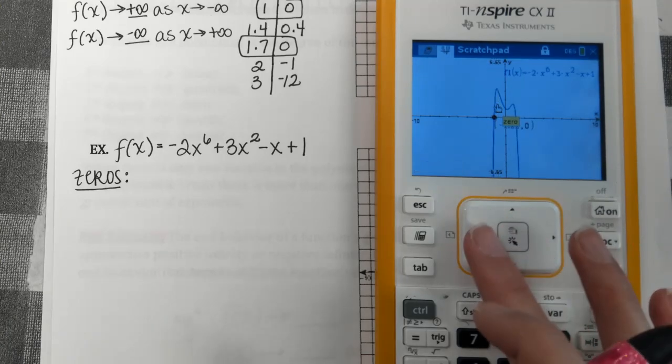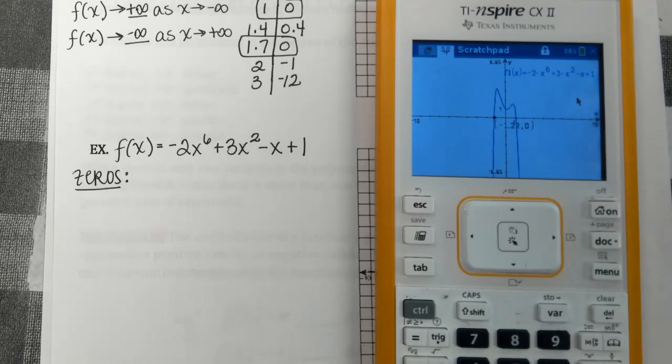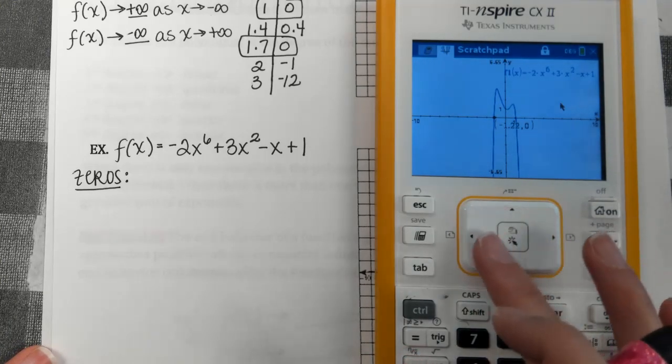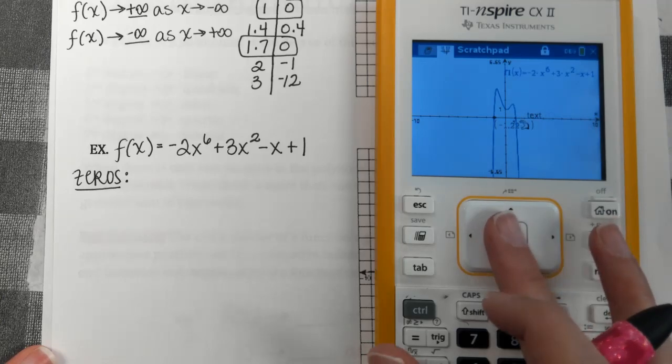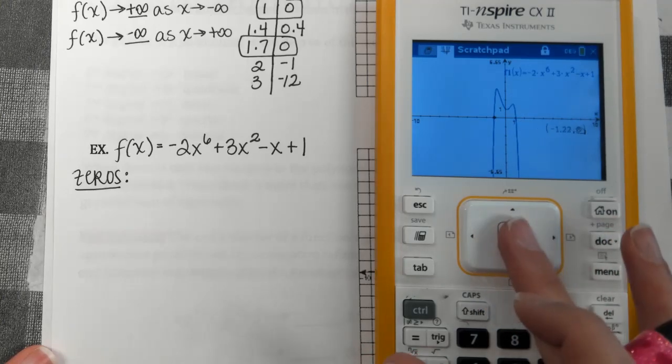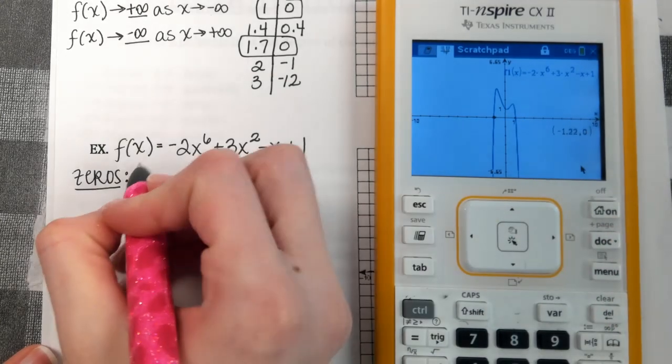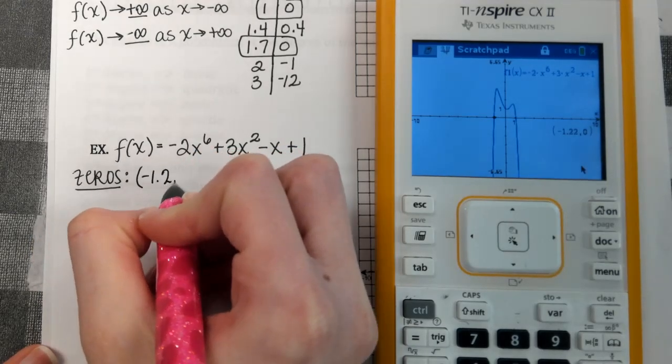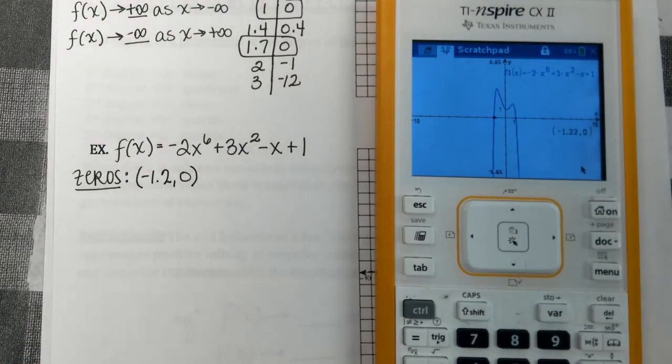Move it over to the right. And what does that round to? Negative 1.20. Always list them as ordered pairs.